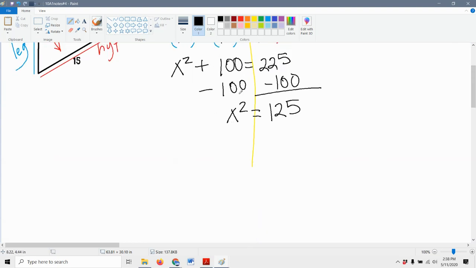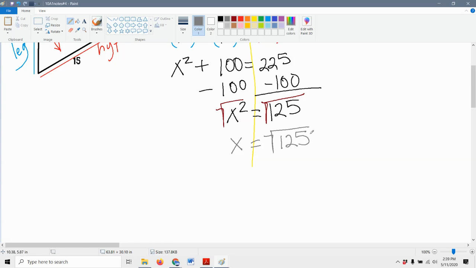Now what we want to do is solve for x. And this is squared, so we need to take the square root. Again, we do it to both sides. And that's going to give us x. The square root of x squared is just x. And that's going to equal the square root of 125.